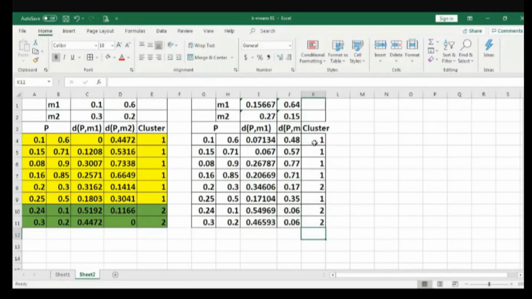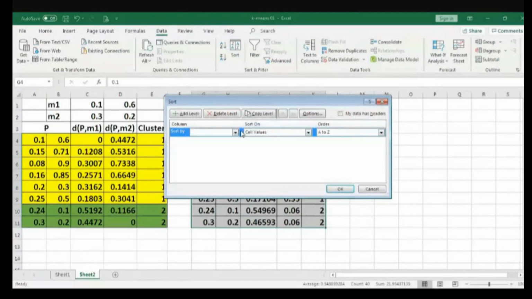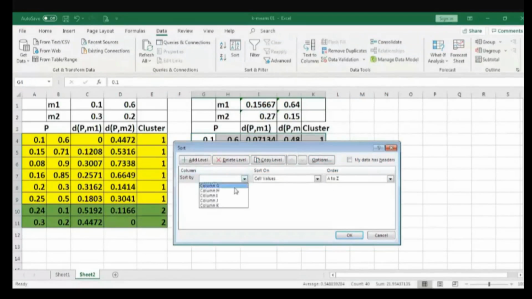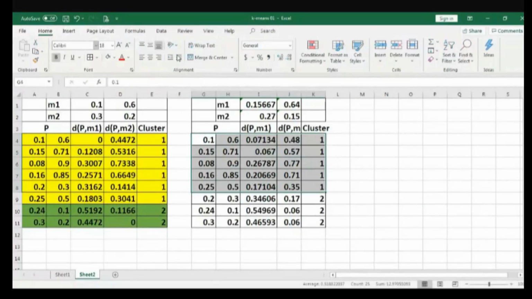Okay, good. Now let me sort this on the cluster assignment. Now this is your cluster number 1, so let me make the color of this yellow, and this is your green.